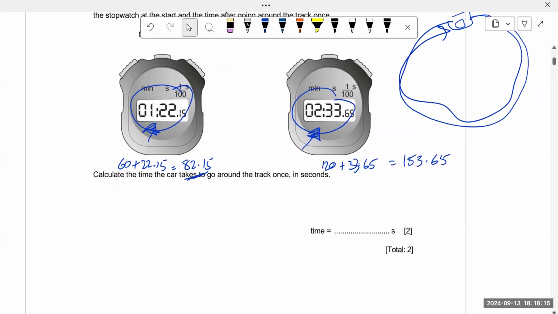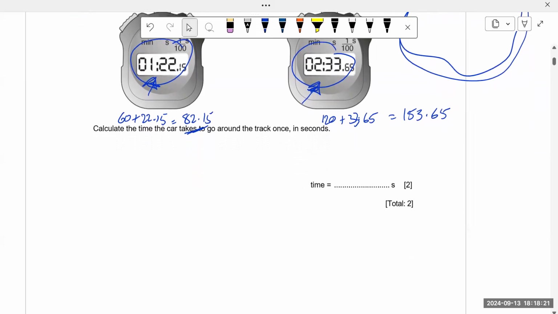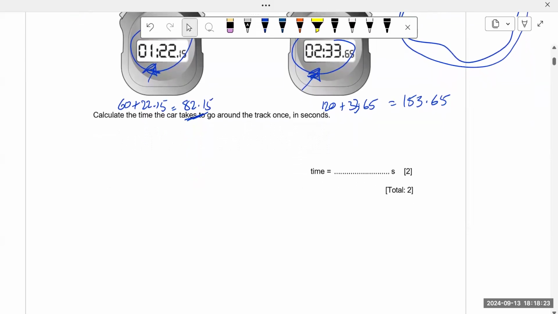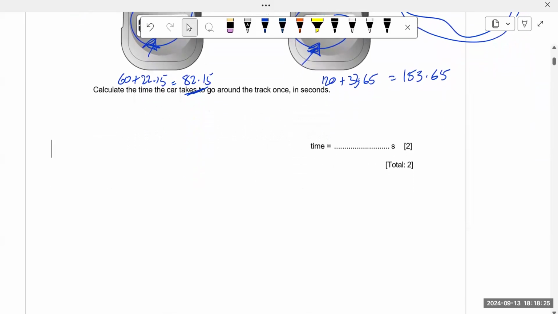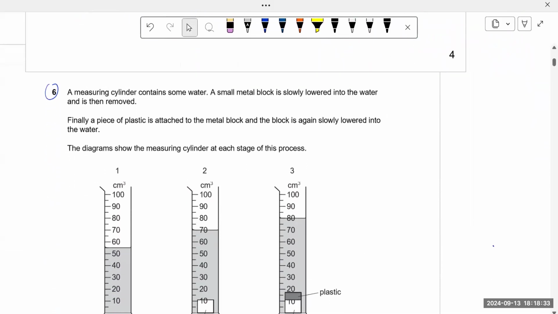So I just subtract 82.15 from 153.65, which will give the second 71.5 seconds. Okay. The next question is number 6.